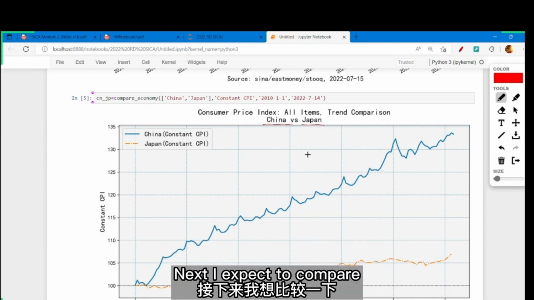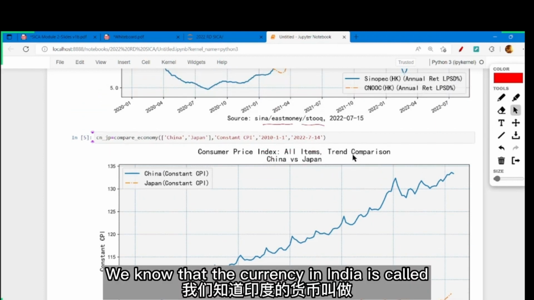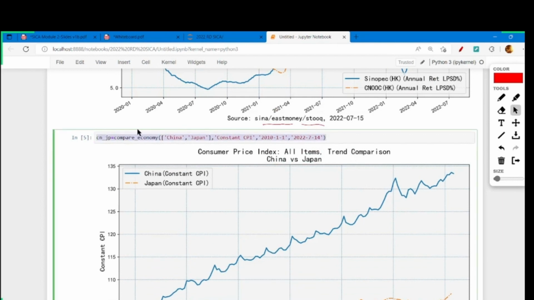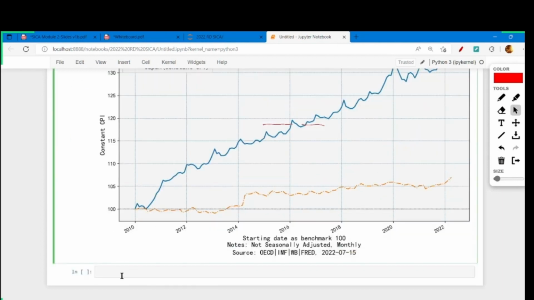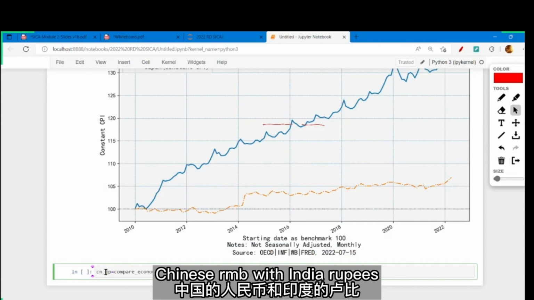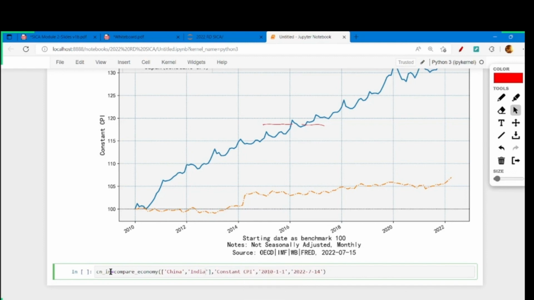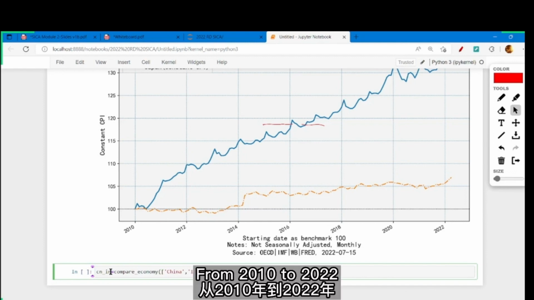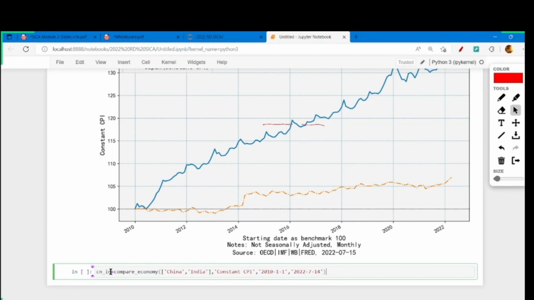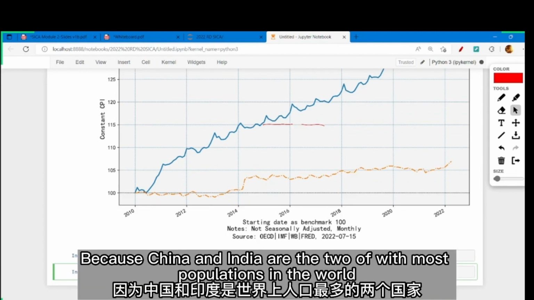Next, I expect to compare China with India. We know that the currency in India is called Indian rupees. Let's compare Chinese RMB with Indian rupees. I change the variable name here to India, from 2010 to 2022. Let's look at the situation, because China and India are the two countries with the largest populations in the world.